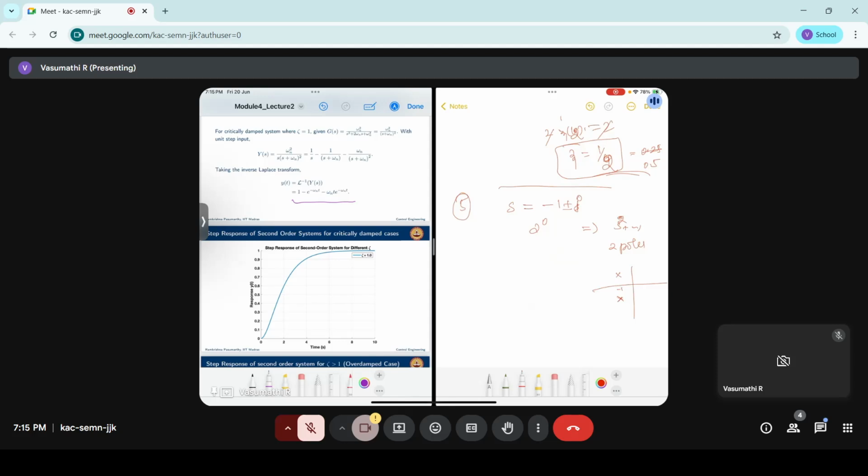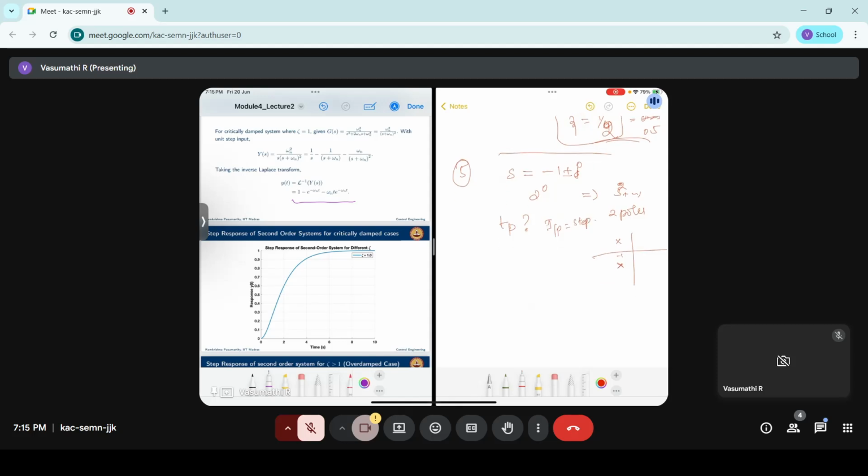If I give a step input, when will the peak appear, or what is the time of the peak? This is the question. So indirectly you are asked to find the Tp, where the input is given as step.